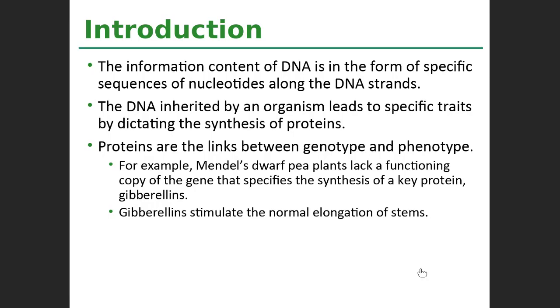And he worked with pea plants because they were easy to grow, they made a lot of seeds, and they had some observable characteristics. Some of his pea plants were dwarfs, and they were dwarfs because they did not have a functional copy of a gene for a protein called gibberellin. Gibberellin stimulates growth and elongation of stems. And so in some of his pea plants, that gene was not functional, and so they were dwarf.